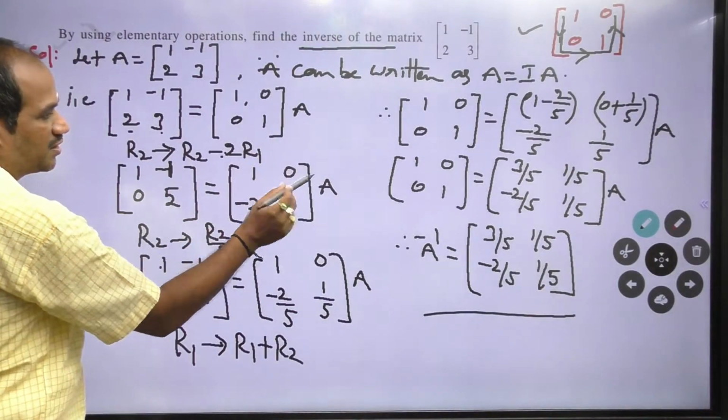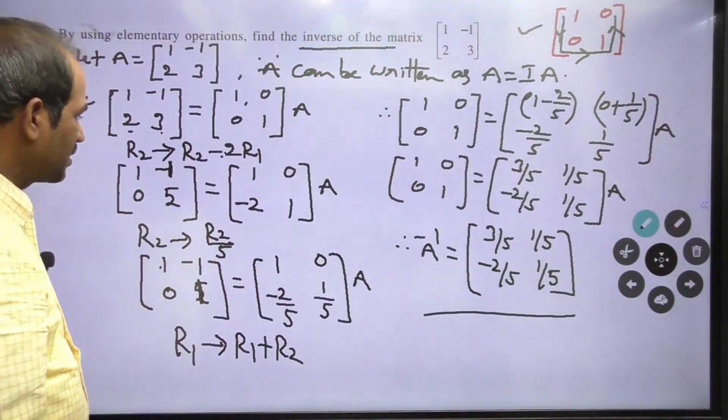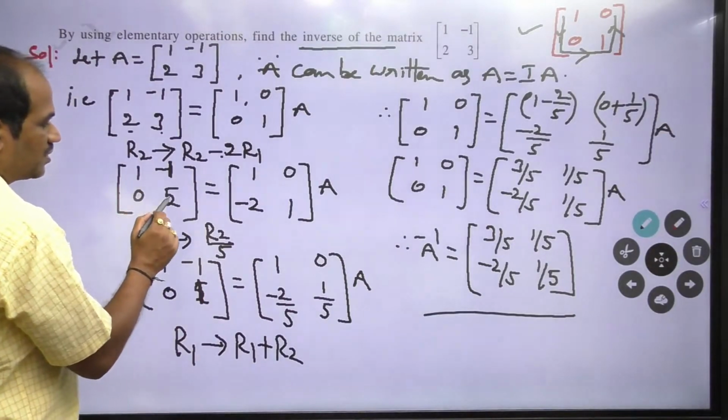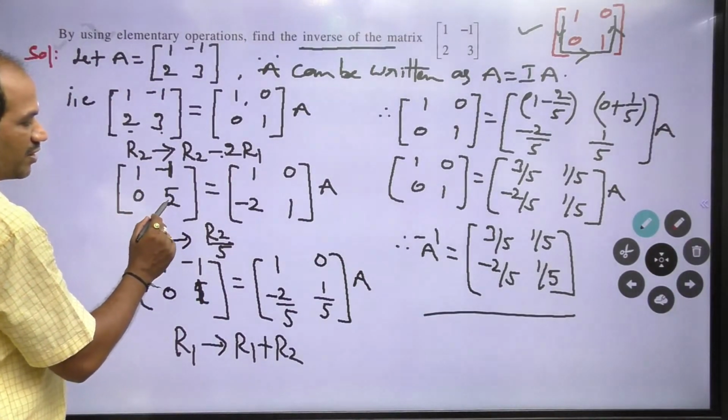Next A. Now converting the 5 into 1 means dividing by 5.